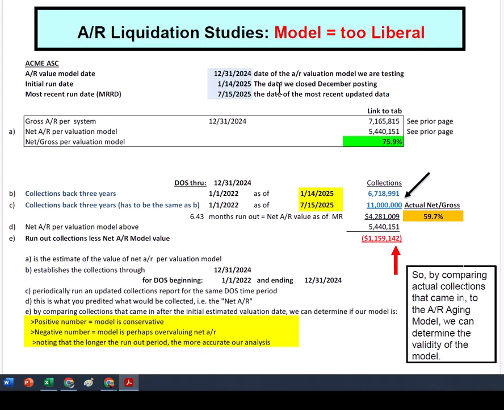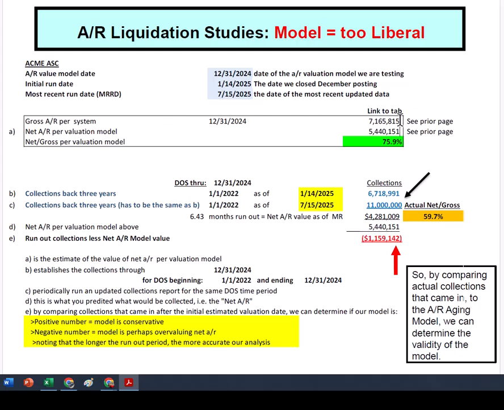So I ran my data on January 14th because that's how long it took me to get all the payments posted for the end of the year. Okay, and then I rerun it in July when the auditors are in asking me for this kind of report.